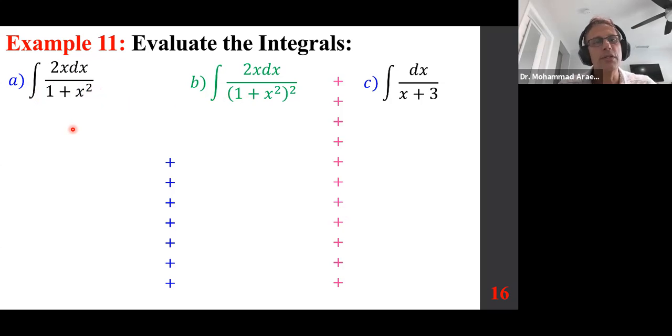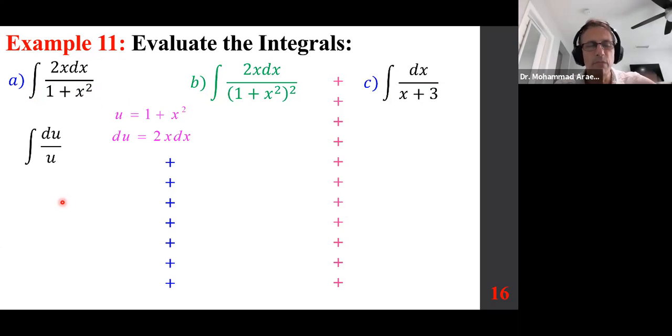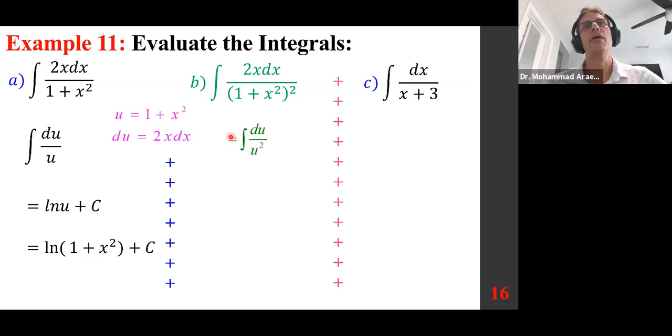Du becomes 2x dx. And the first one changes to the following integral. It's a familiar one, natural log. Replace the u, we're done. Now, notice I didn't put an absolute value because 1 plus x squared is always positive. Otherwise, we must.